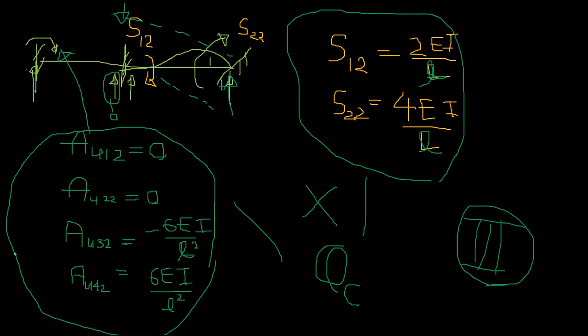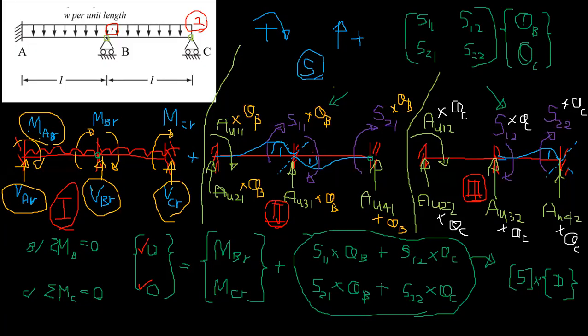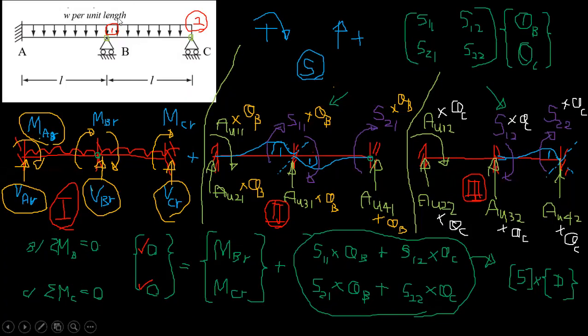right? Here we need to consider the equilibrium at the first and second redundant displacement coordinates. So we separate it into three structures, and now we are going to superimpose everything.